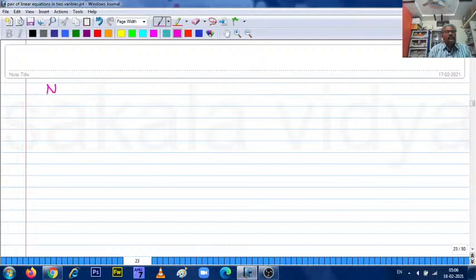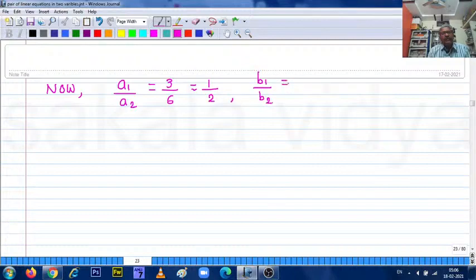a1 by a2 equals 3 upon 6, which is 1 upon 2. Next b1 by b2: b1 equals 2, b2 equals negative 4, so this is minus 1 upon 2.